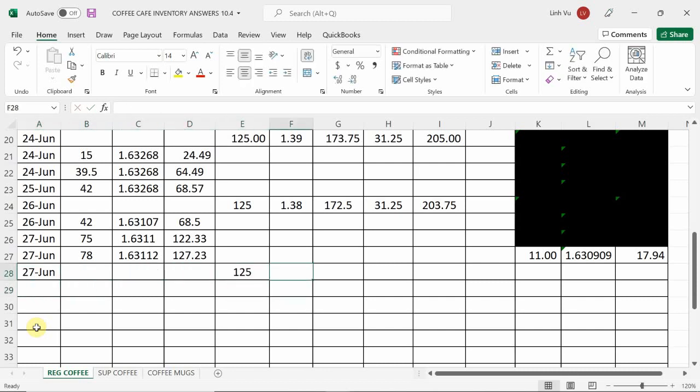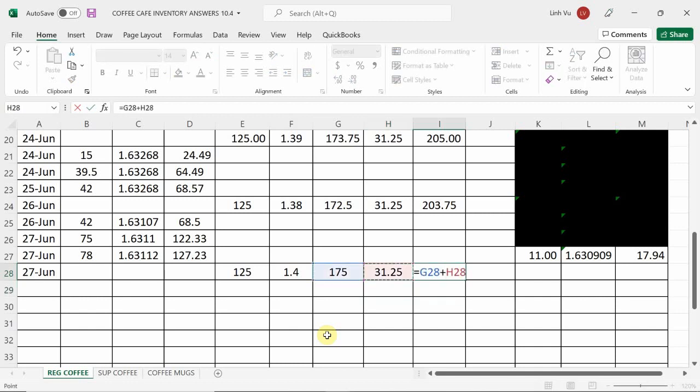So 125 pounds. I had $1.40 with $31.25 of freight, giving me a grand total of $206.25.